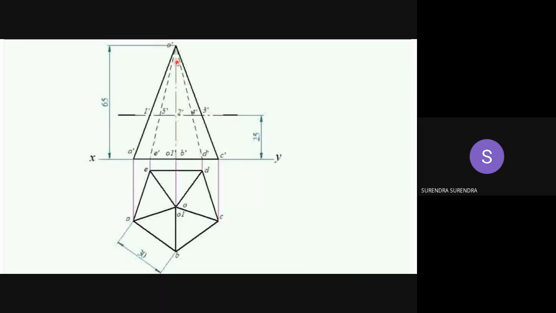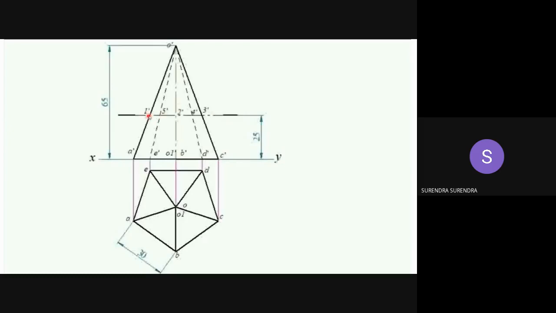See here, the section plane is cutting AO at 1 dash, BO at 2 dash, CO at 3 dash, DO at 4 dash, EO at 5 dash. Now mark these 5 points, 1 to 5, on the top view.